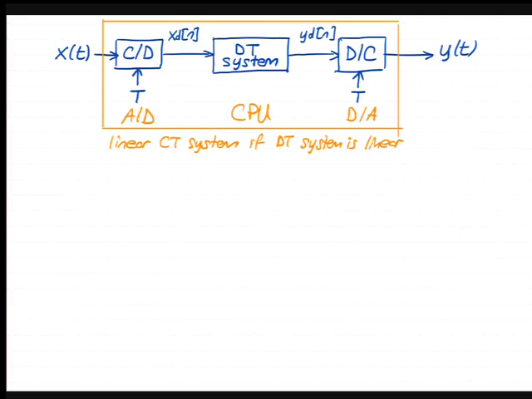Assuming the DT system is time invariant. You think so? Okay, well, just look at the first block then. Forget about the DT system, right? Sampling. Is sampling a time invariant thing? Really? So is sampling time invariant?